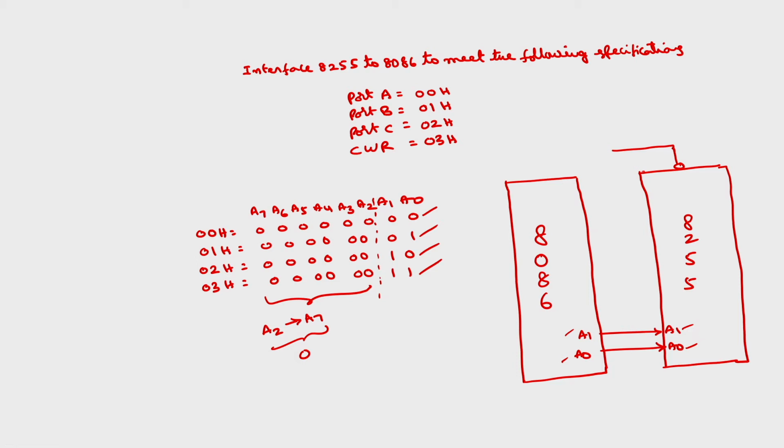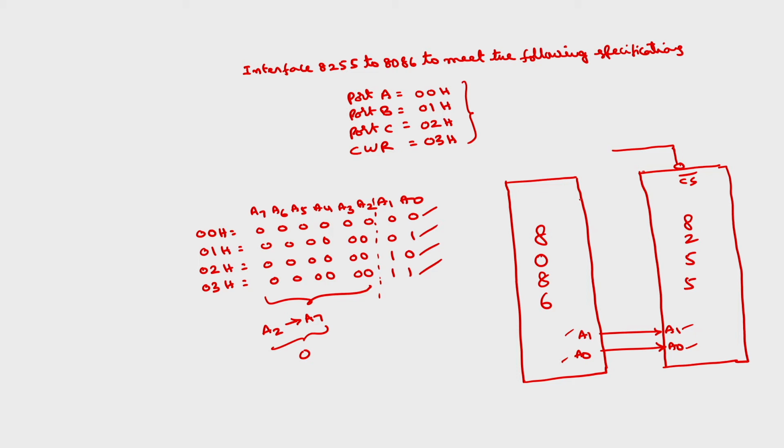Anyhow, I have connected A1 A0 to A1 A0, so that will select the ports and the control word register accordingly. Now using the address lines of the 8086, what hardware is required to generate the chip select of the 8255? Whenever these are all zeros, the output should be 0. If any one of the inputs is 1, the output should be 1. So what is the gate?